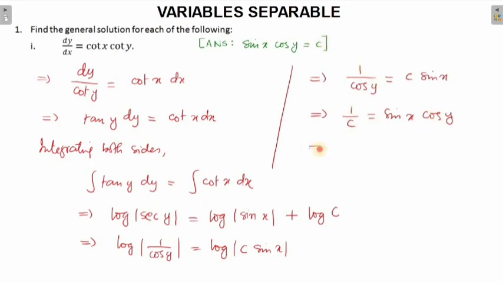So instead of 1 by c, what you can do is sin x cos y is equals to, see, 1 by c is a constant, and we will represent 1 by c by another constant, you say k. Okay, so this will be the solution of this particular differential equation, right? So it's easy. Only thing is you should know the concept of integration in this case, right? So you may pause the video and note down your first solution.